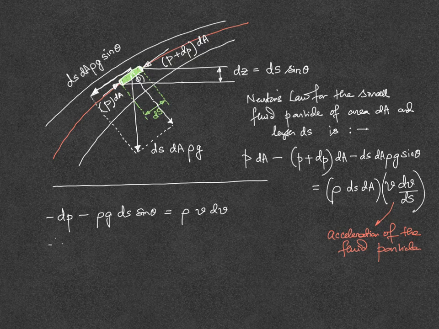Therefore, what you get is dP plus rho g, see, ds sine theta is dz, we have calculated that, plus rho v dv is equal to 0.